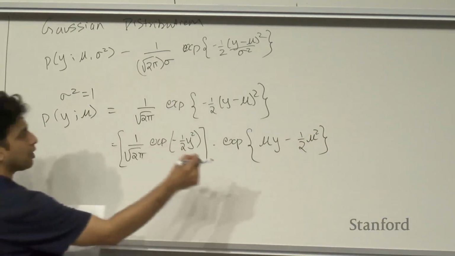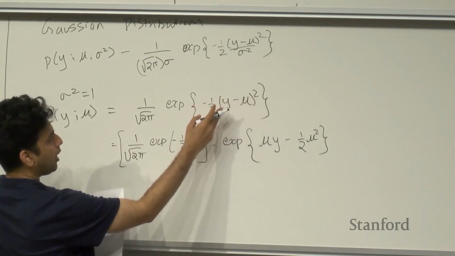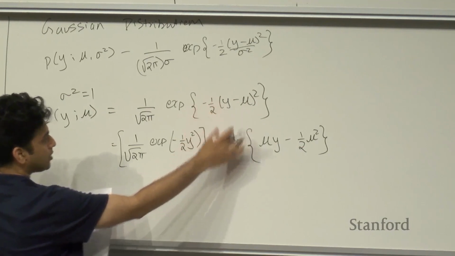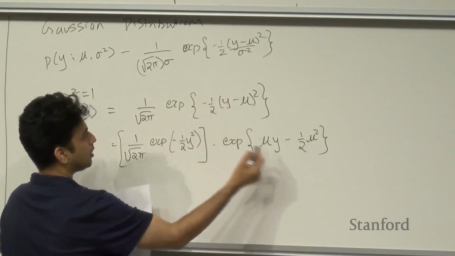Right? So what happened here? Basically we expanded the square, and one of the terms will have only y's, so we got that out, and the other two terms are here.